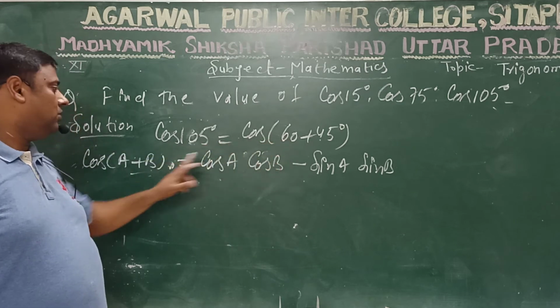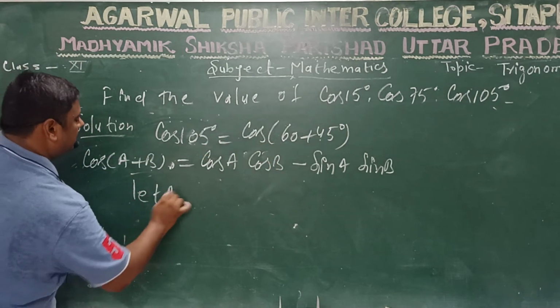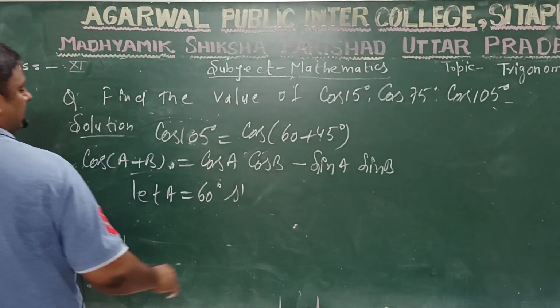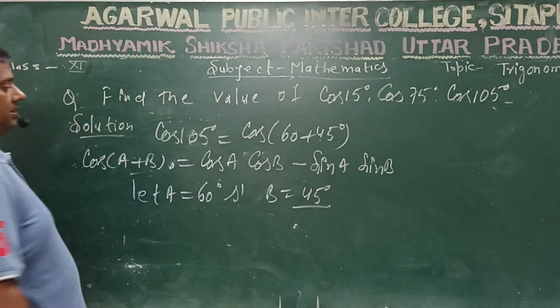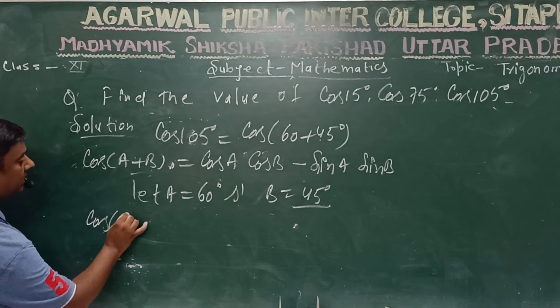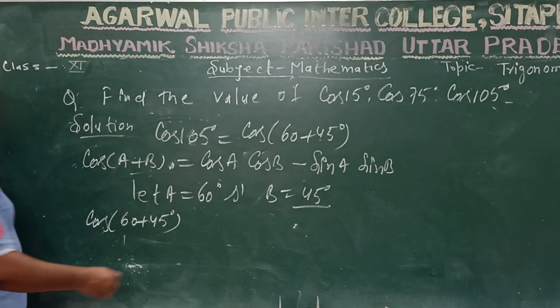Here A is equal to 60 degree and B is equal to 45 degree. So we take another line, 60 degree plus 45 degree.